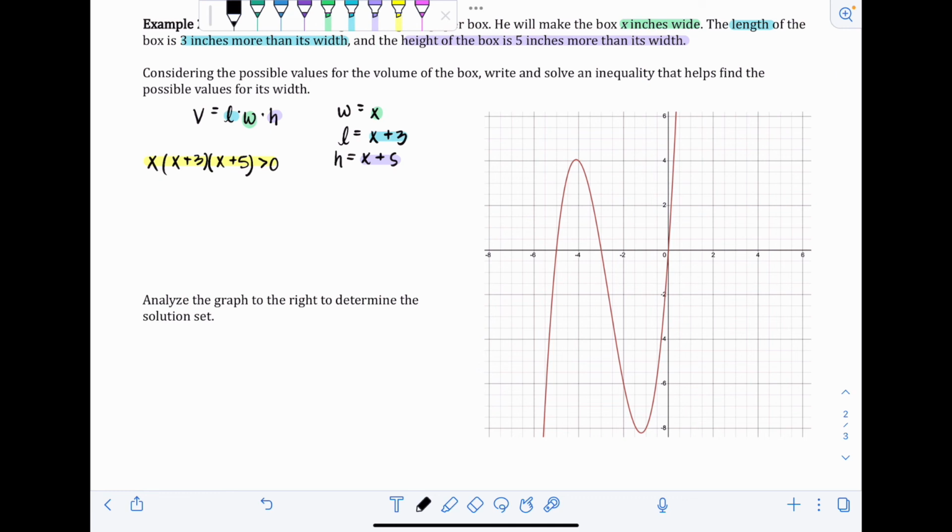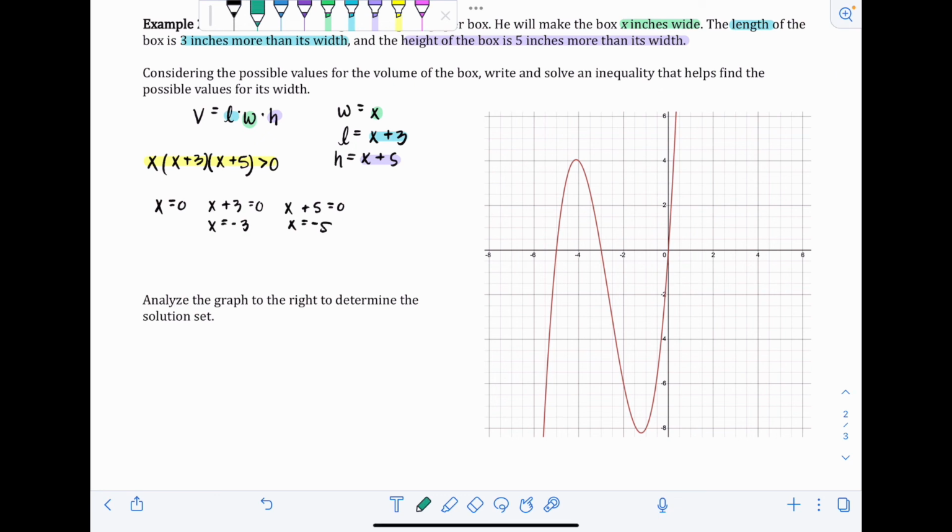Even though it's an inequality, I just need to find what the intercepts are. So one would be x equals 0, one would be x plus 3 equals 0, and one would be x plus 5 equals 0. So this would end up being x equals negative 3, and this would end up being x equals negative 5 if we subtracted those over.